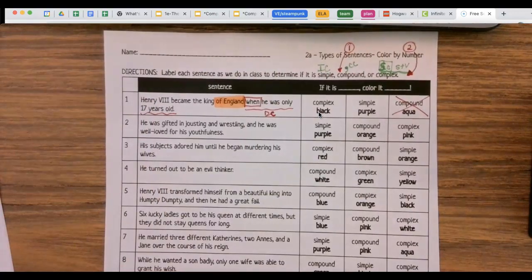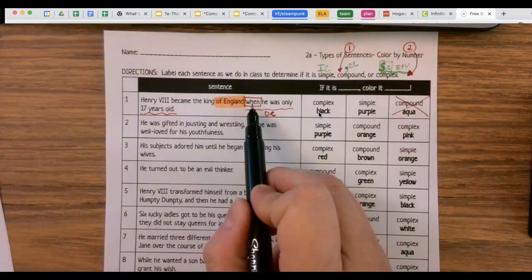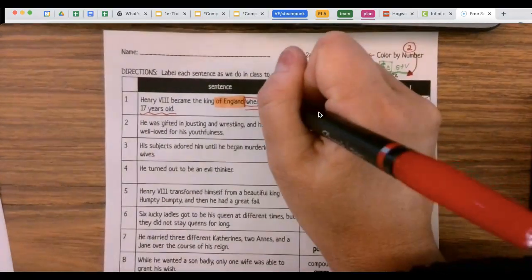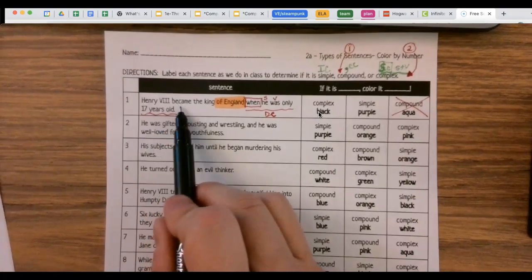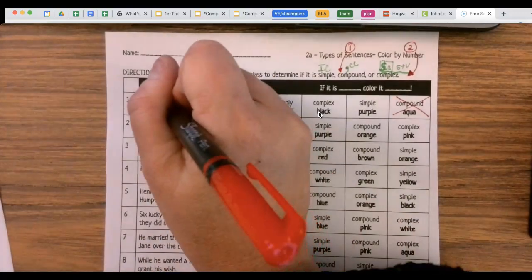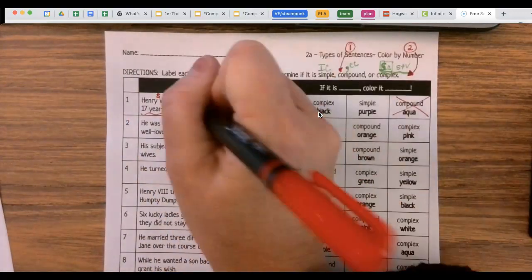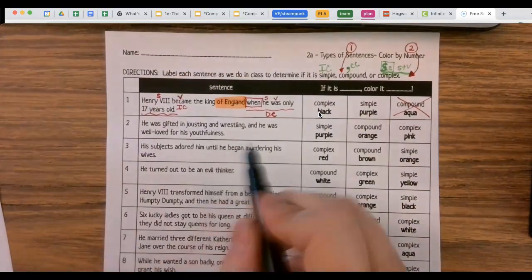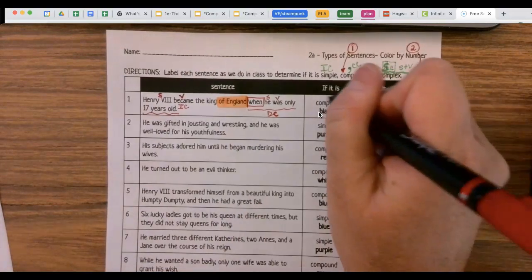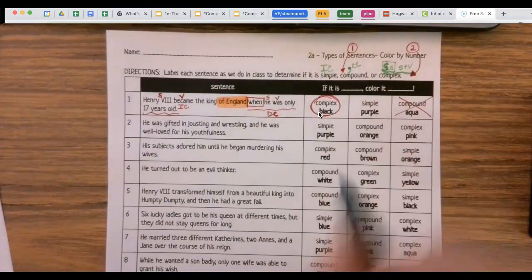I know it's a dependent clause because it starts with a subordinating conjunction and it has a subject and a verb after it. And then I have an independent clause over here. Henry VIII became the king. Henry VIII is the subject, and became is the verb. So since I have an independent clause plus a dependent clause, then I know that this sentence is complex.